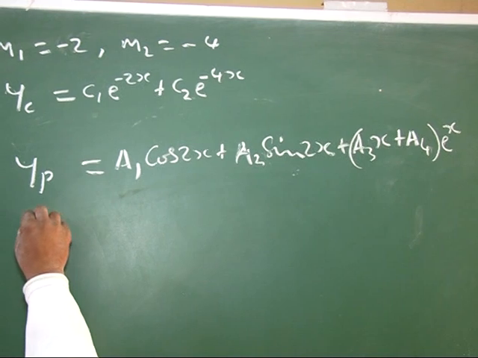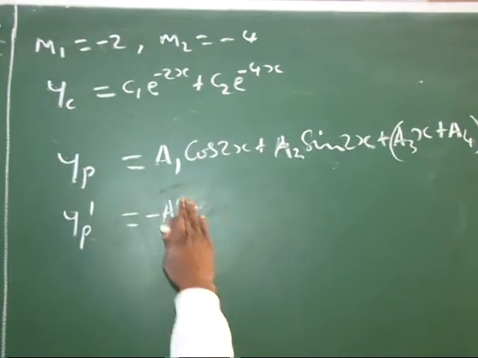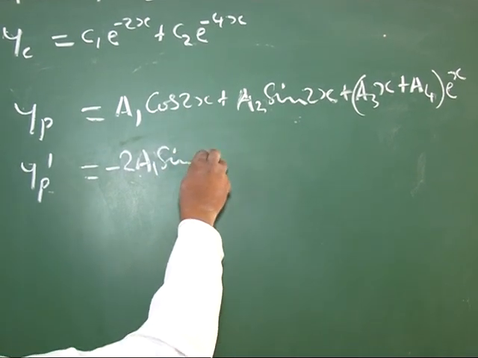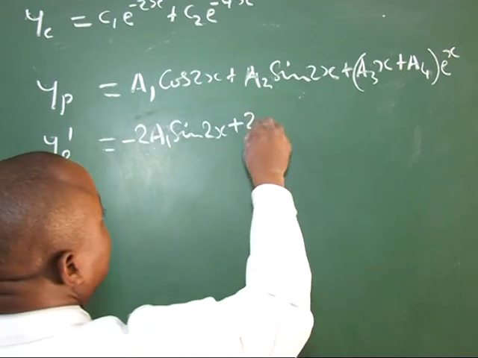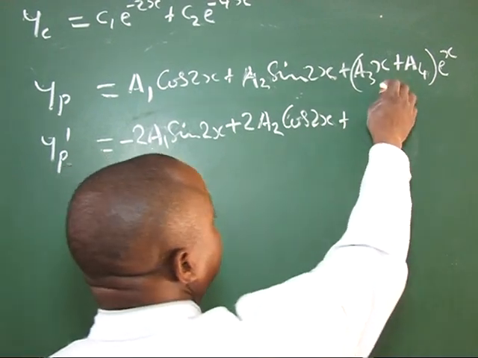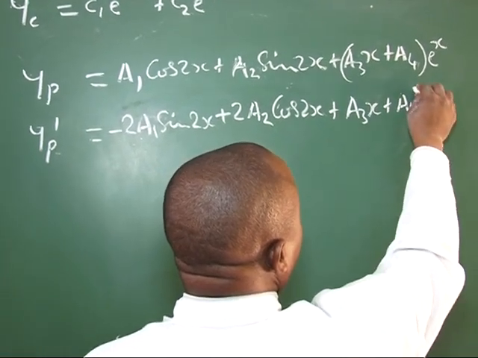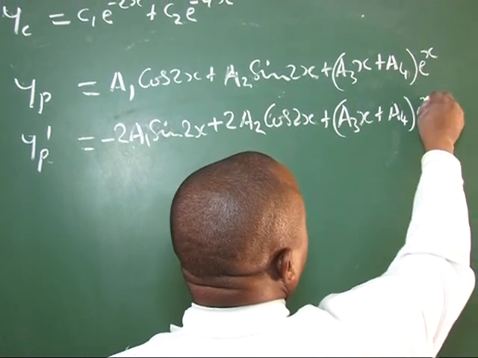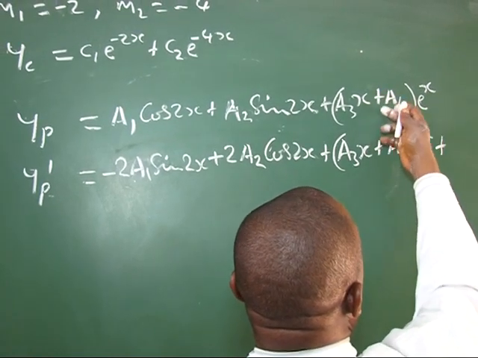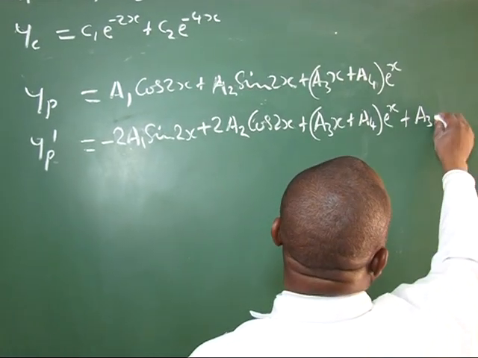Alright. Now, yp prime will be minus a1 minus 2a1, I'm going to differentiate here, sine 2x plus 2a2 cos 2x plus, then this (a3x plus a4), we keep the exponential and differentiate it, plus, when we differentiate the bracket, we will have a3 exponential x.